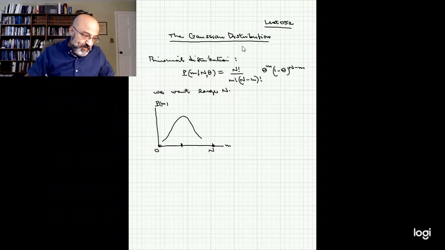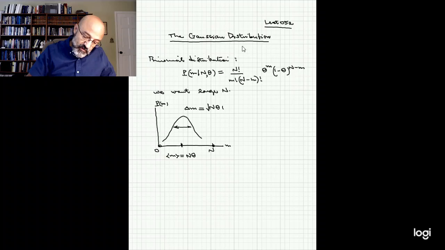The expected value of m happens at n theta, and the width of this distribution is given by the square root of n theta (1 minus theta).